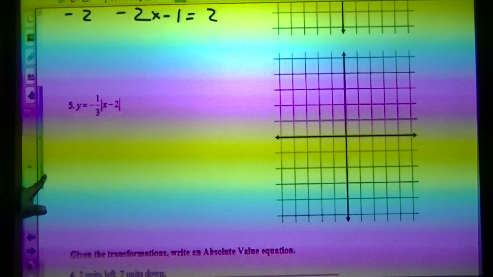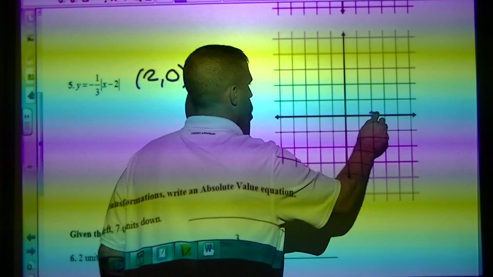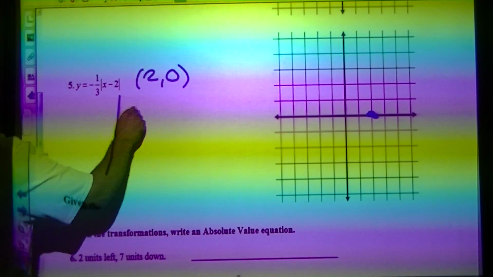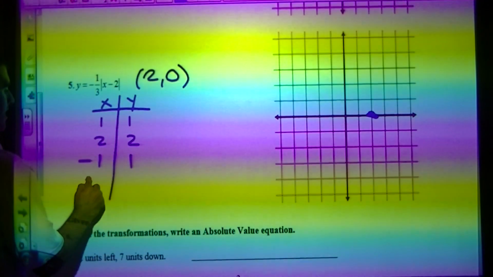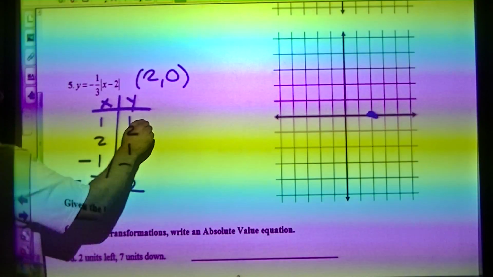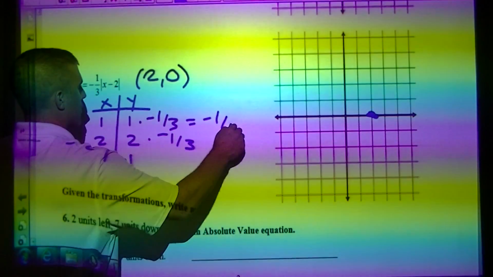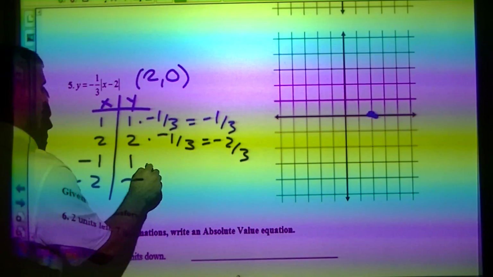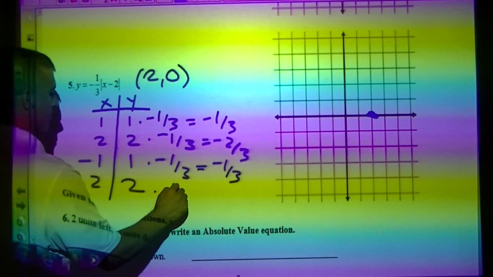Absolute value, once again, my anchor point here is going to be (2, 0). My base points for this, x, y, are (1, 1), (2, 2), (-1, 1), (-2, 2). I'm going to multiply by -1/3. So that's -1/3, -2/3, -1/3, and -2/3.